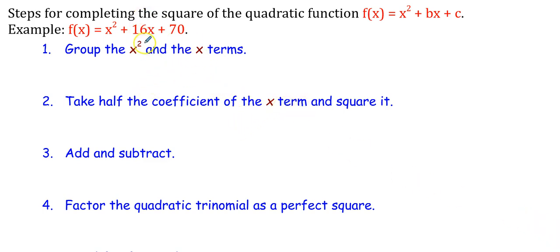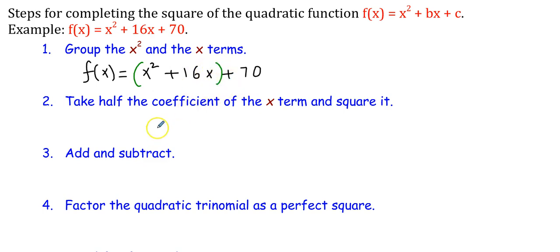We have x square plus 16x plus 70. That is f of x is equal to x square plus 16x plus 70. Then group the x square term and x term.